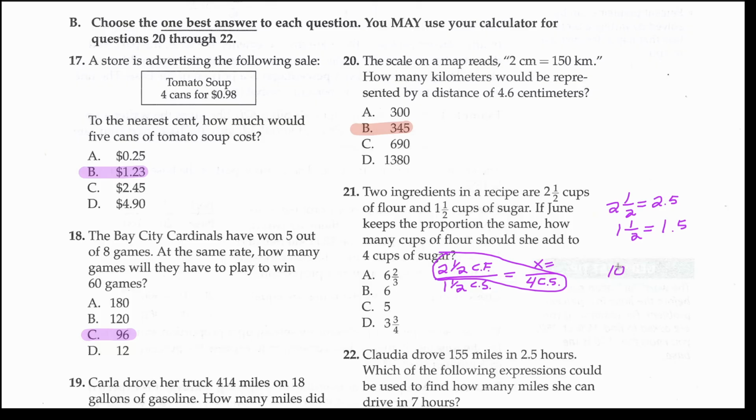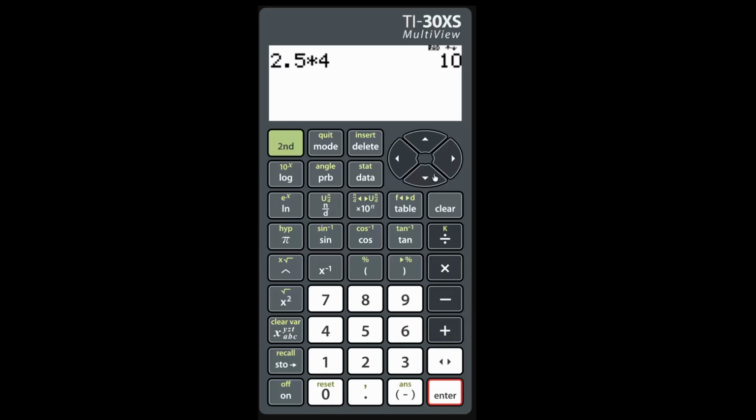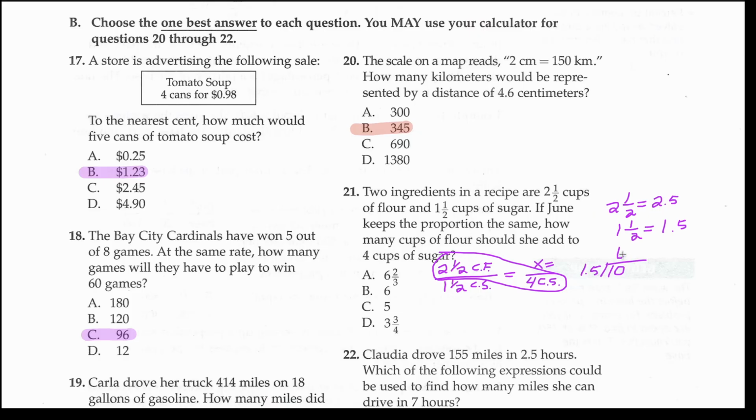Then 10 divided by 1.5. Go to calculator. 10 divided by 1.5. Enter. I have 6.666666, that's a repeating 6.